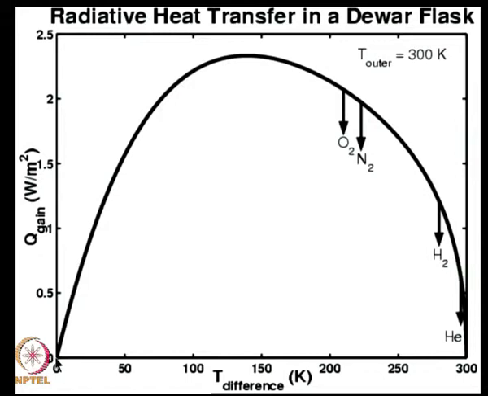So, if the inner cylinder is 300, of course, there is no heat transfer, because the temperature of the outer and the inner cylinder are the same. Okay. And as you start reducing the temperature of the inner cylinder, the heat transfer will go up, and you see that up to around 150 Kelvin, the heat transfer keeps going up, but then something unusual happens. As the temperature difference goes beyond 150, the heat transfer starts coming down.